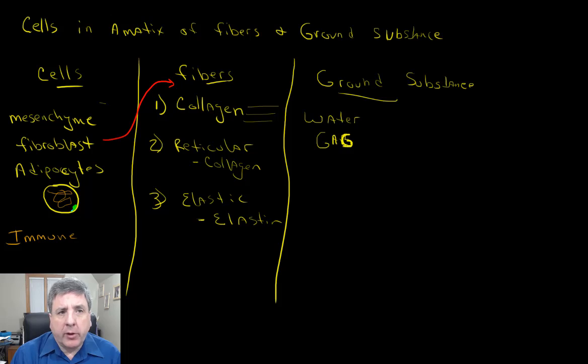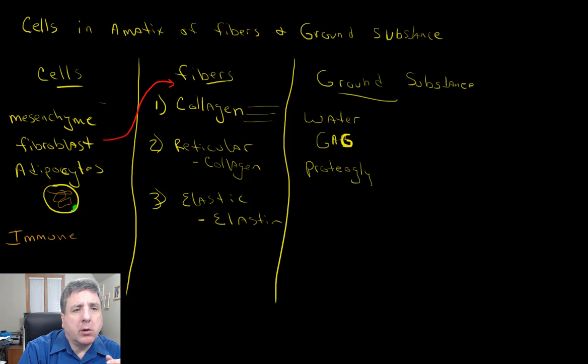Proteoglycans is just basically a glycosaminoglycan with a protein molecule attached to it. Okay, both of these are hydrophilic. Proteoglycan. I think that's how you spell it. Proteoglycan. And both of these are going to be hydrophilic.